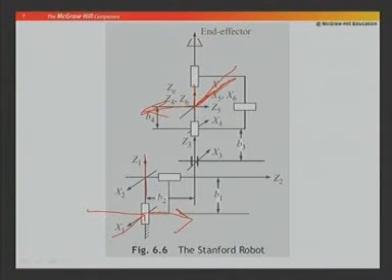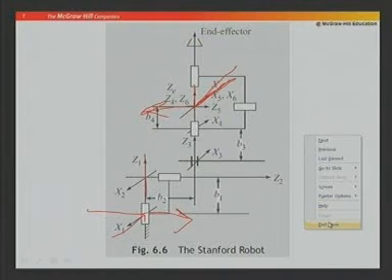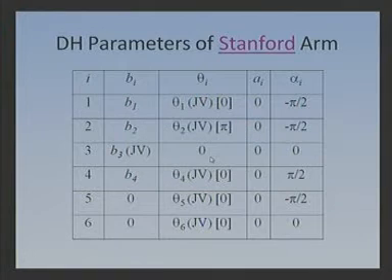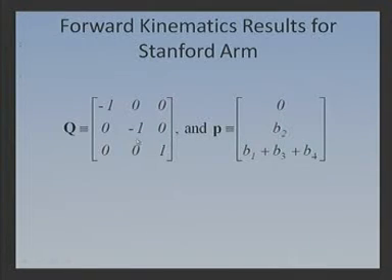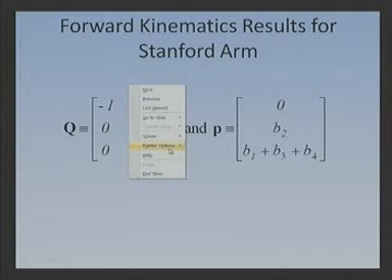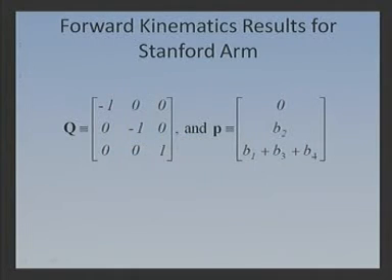So, y e is negative of y 1. So, the second column should come out to be 0 minus 1 0, and the z is parallel to the z 1. So, 0 0 1, it is correct.